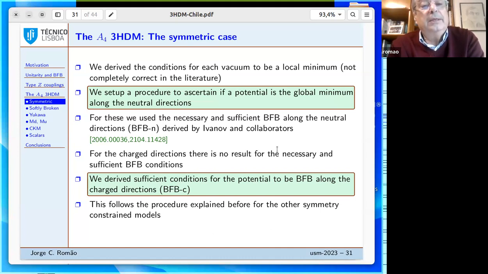The problem is that no such result exists for the charged directions. Therefore, we derived, again, sufficient conditions to be bounded from below along these charged directions, and the procedure is very similar to what I explained before, and I won't go through it at the moment.